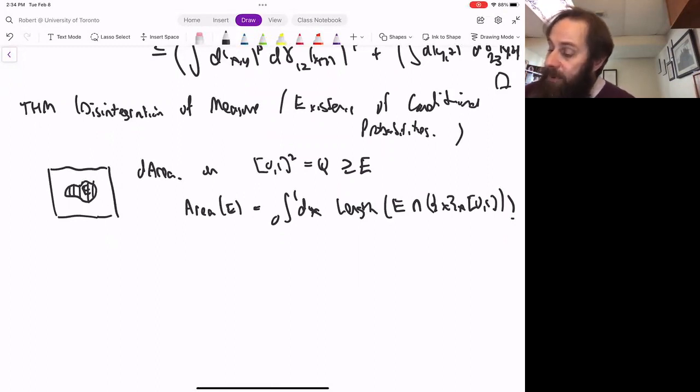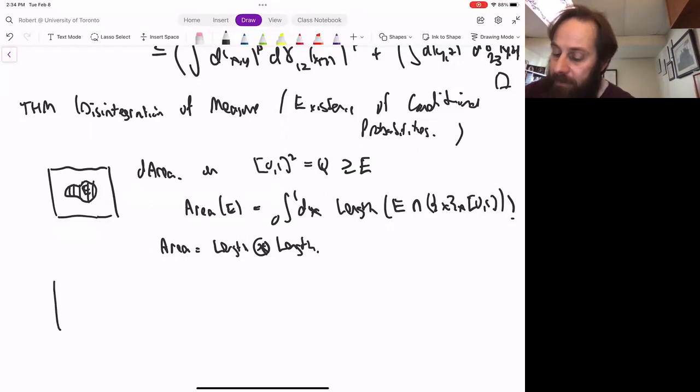So this happened to be a very nice situation because we knew a priori that the area was actually equal to the product measure of length in the x direction with length in the y direction. But it won't always be the case.